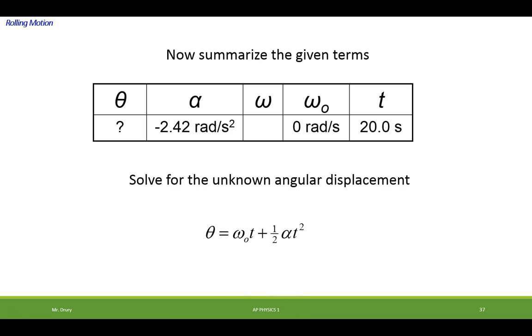And we'll just use simply this equation. And we know each of the terms, so we can just plug in numbers and get how many radians it went through. The initial speed was 0, so that term drops out, and you're just left with 1/2 the angular acceleration times time squared. So it comes out to be 484 radians.